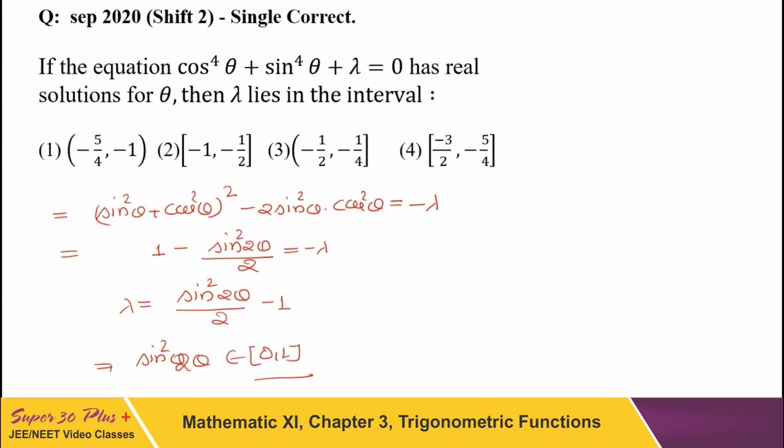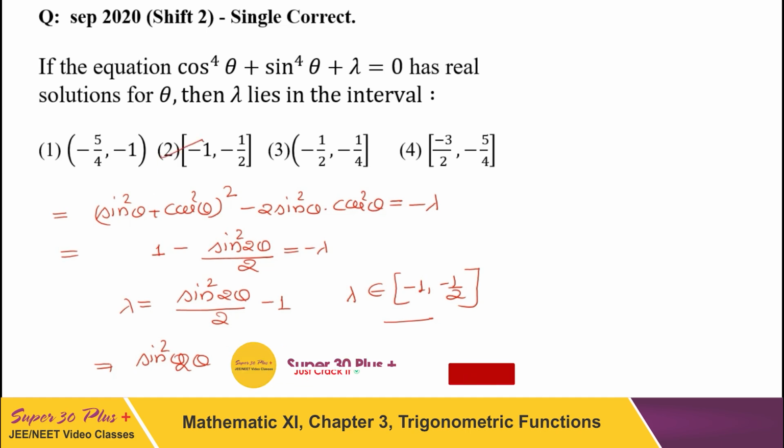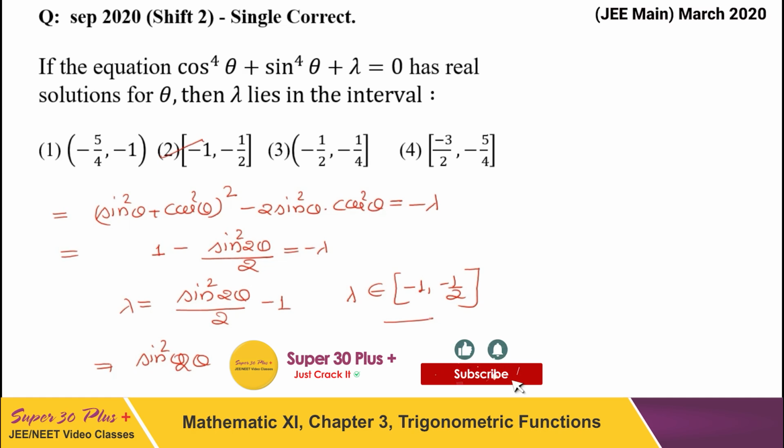That's why sin square of any angle lies between 0 to 1. Then we can say lambda belongs to minus 1 to minus 1 by 2 closed interval. This is the correct answer. Option 2 is the correct answer. This question came in the JEE 2020 examination shift 2.